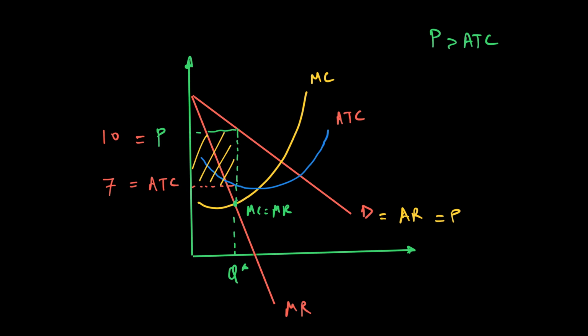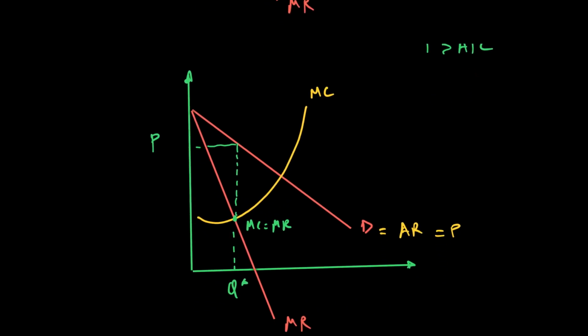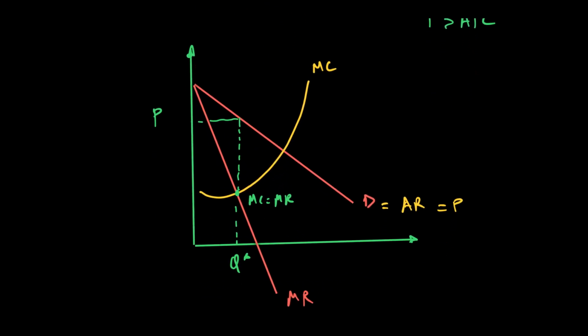Now, if this was a normal profit case, then we would have a situation like this. In a normal profit, price is equal to ATC. So we will have a situation where price is equal to ATC. I'm going to draw the curve to be like this, where price is equal to ATC.